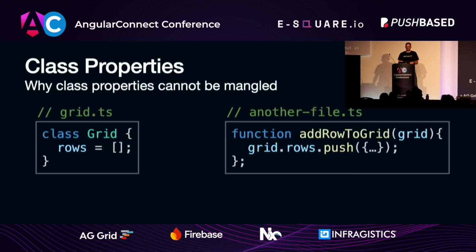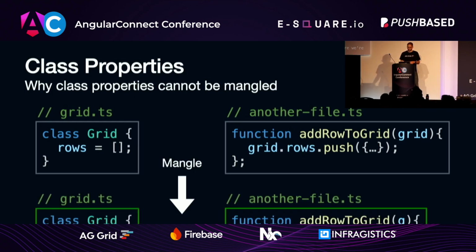So if our bundler came along and we were trying to mangle these properties, so we've got our grid class with the rows, which now isn't marked private. And we've got this function called add to grid row, where we're pushing rows into that grid.